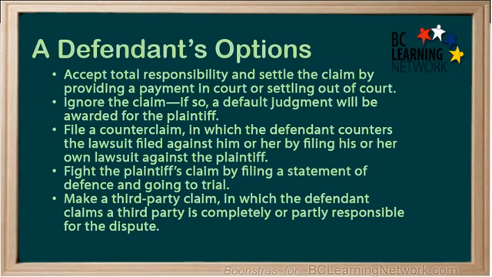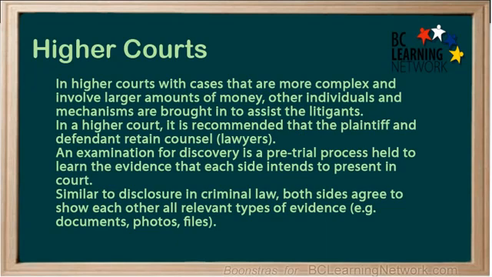Fourth, fight the plaintiff's claim by filing a statement of defense and going to trial. Or fifth, make a third-party claim in which the defendant claims a third party is completely or partially responsible for the dispute. In higher courts, with cases that are more complex and involve larger amounts of money, other individuals and mechanisms are brought in to assist the litigants.